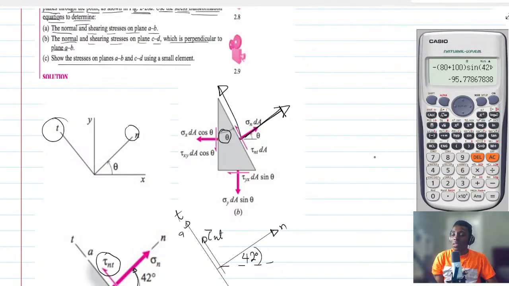Please, any questions? So the principal stress is something like formula work. It's actually all about formula work. Any questions, please?